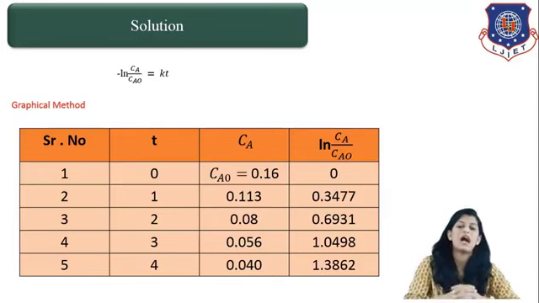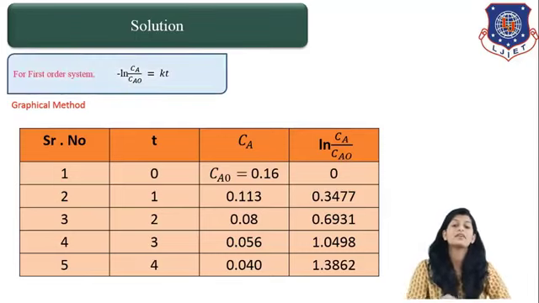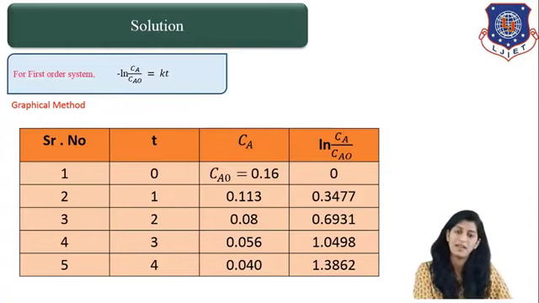Now let us see how we can proceed with the graphical method. Whenever we are talking about the graphical method, we need the values of t, Ca and ln Ca by Ca0, right. So just calculate the corresponding values for time, which is 0, 1, 2, 3 and 4, and correspondingly determine the value of ln Ca by Ca0.